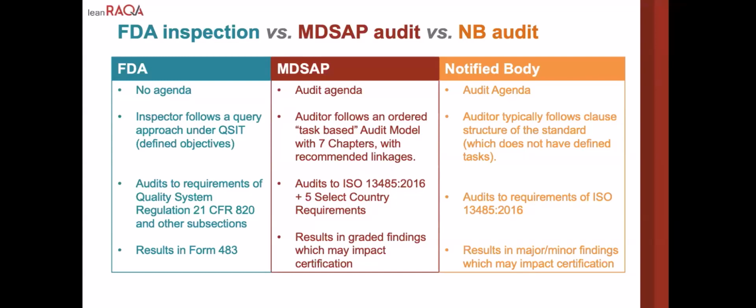Notified bodies also will show up with an agenda based off of the time that they have to allocate to each section and how many auditors there are. Notified bodies also have to spend a certain amount of audit hours depending on the size of your facility.